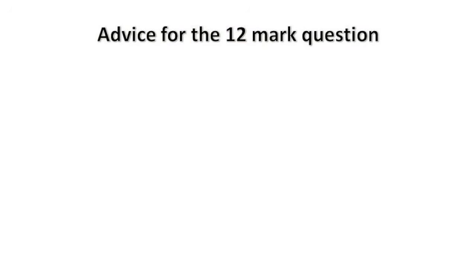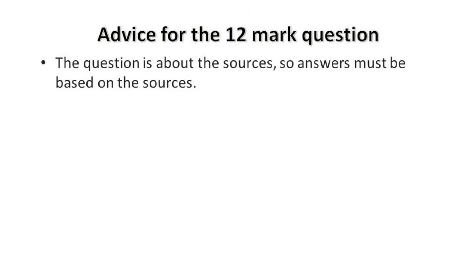On paper 2, the big marks come on the last question, which is worth a whopping 12 marks. However, many students throw away a lot of the marks by not answering the question in the way that they need to. So, here's my advice. Firstly, the question is about the sources, so make sure that your answers are based on the sources.